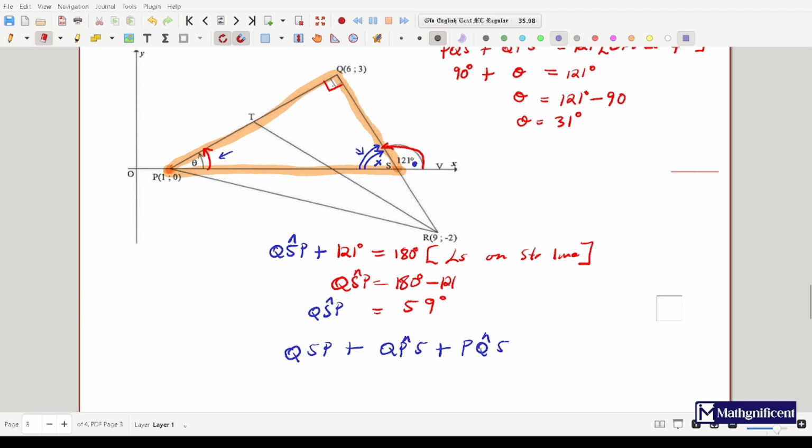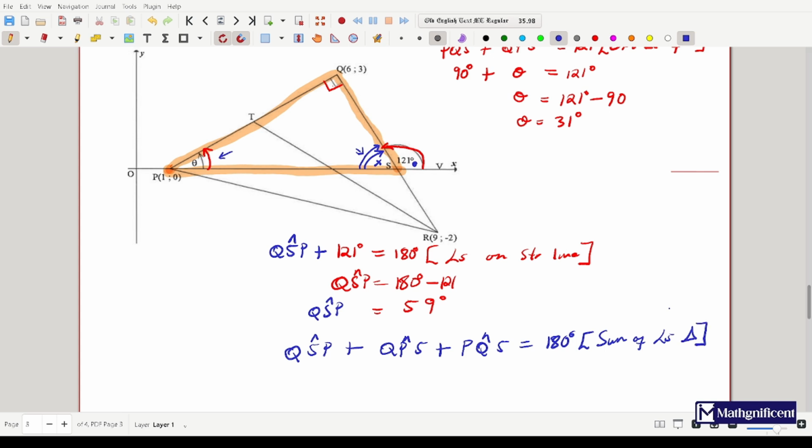So let me just erase this part here so that I write it neatly. So we have angle QSP here, and we know that this was going to add up to 180 degrees, which is the sum of angles in a triangle, right?